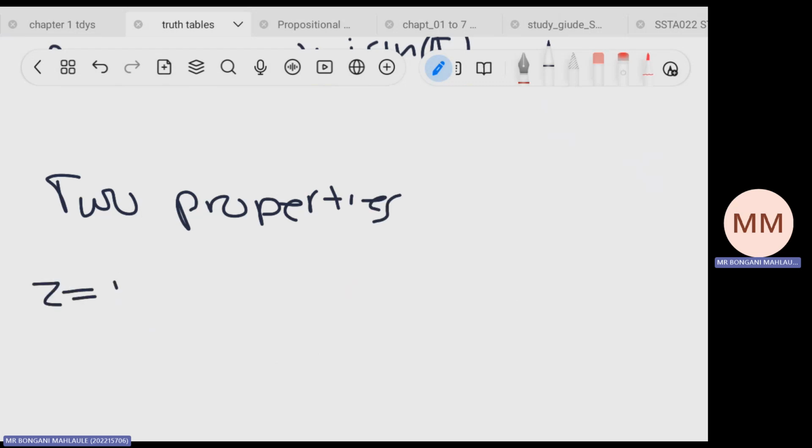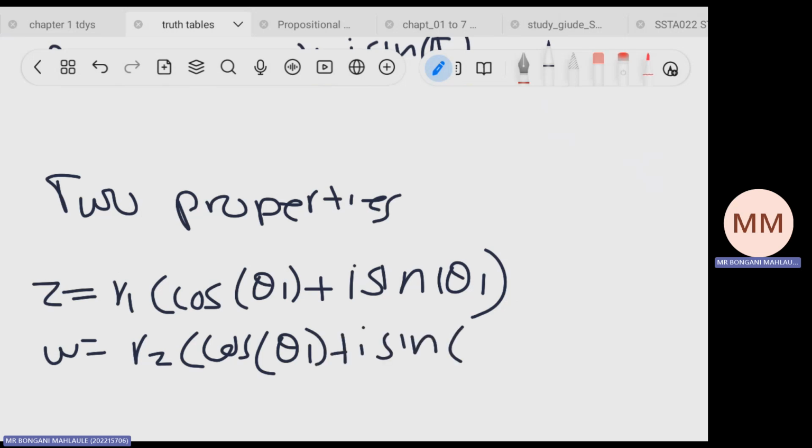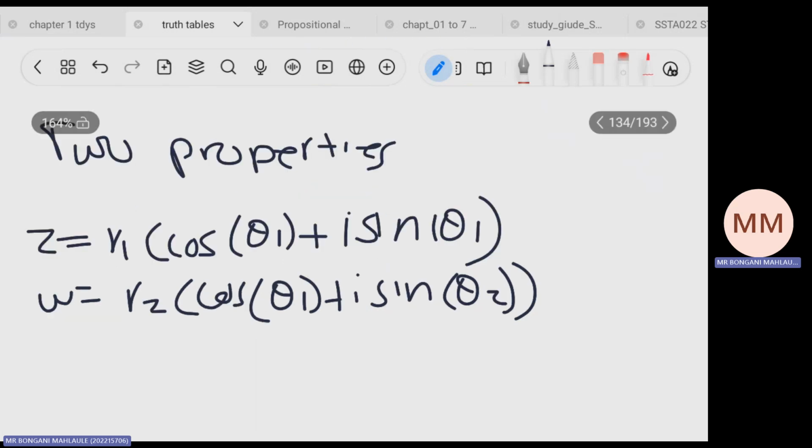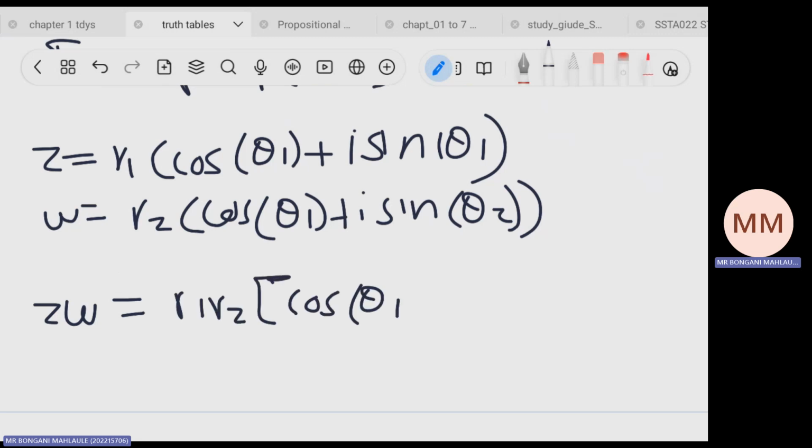When you have z equal to r1 cosine of theta 1 plus i sine of theta 1, and w equal to r2 cosine of theta 2 plus i sine of theta 2, then z times w will be r1 r2 times the product.